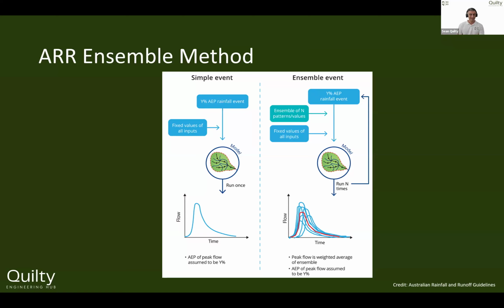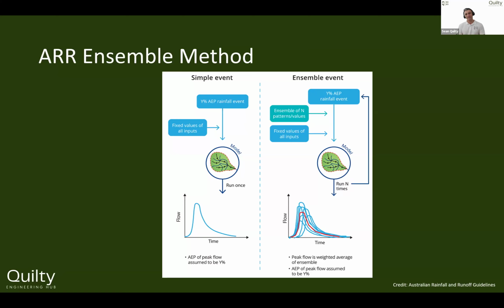And in fact, we enter 10. So we'll look at 10 different ways that that rain can fall from the sky for every single storm burst, for every single AEP that we're trying to design for. So any design storm we have, we'll actually run 10 different iterations of how that rain might fall from the sky. So obviously there's a heap more work involved, but luckily computer software does a lot of that for us.